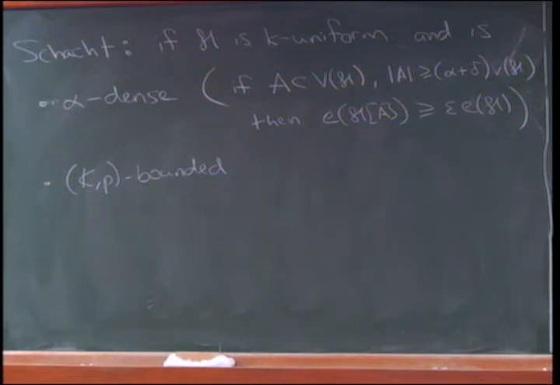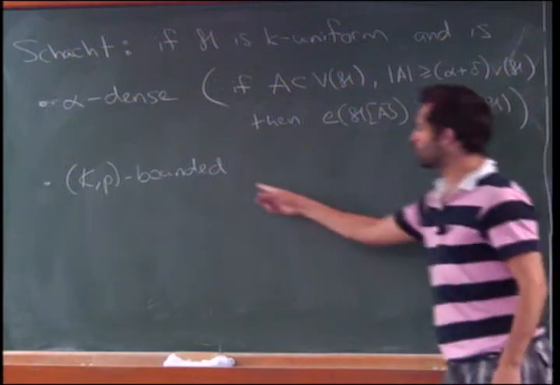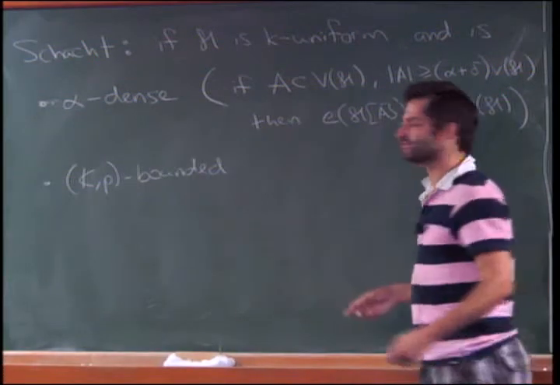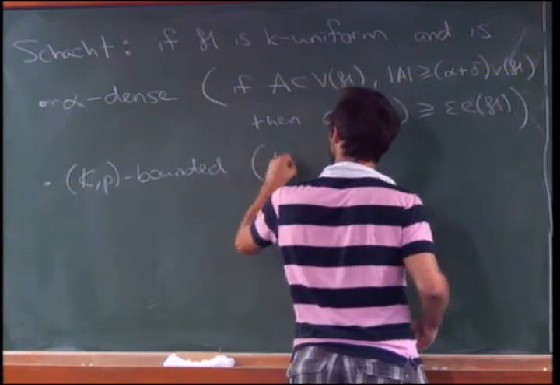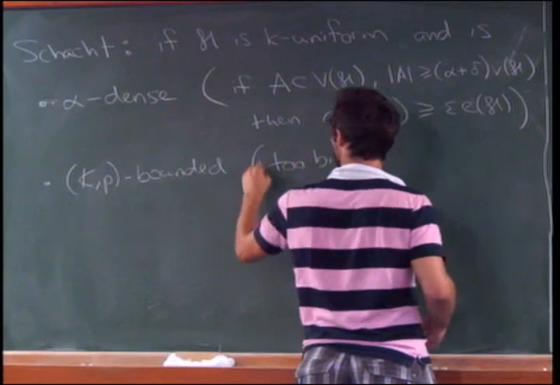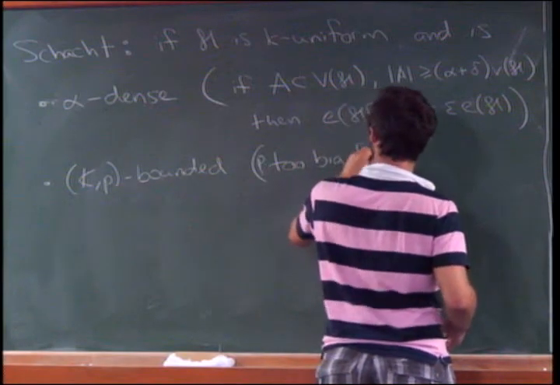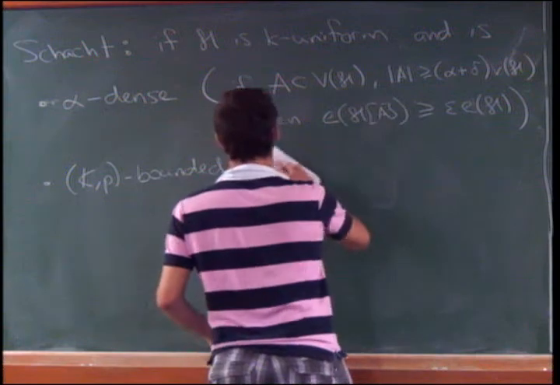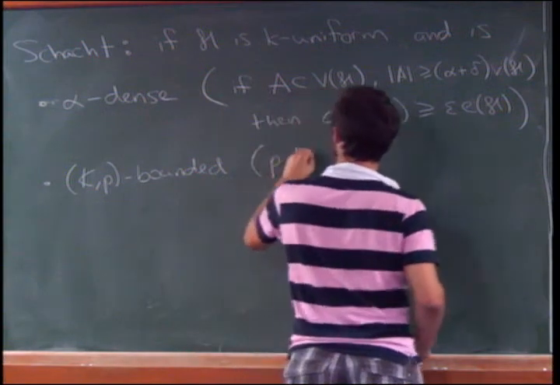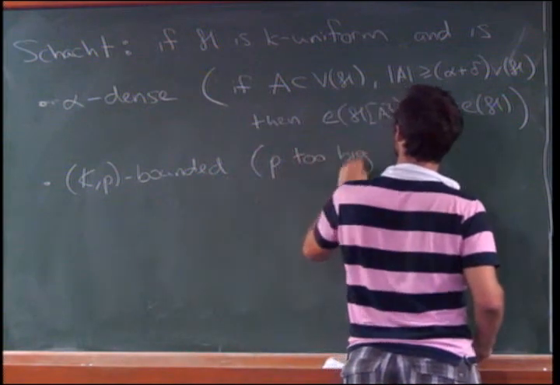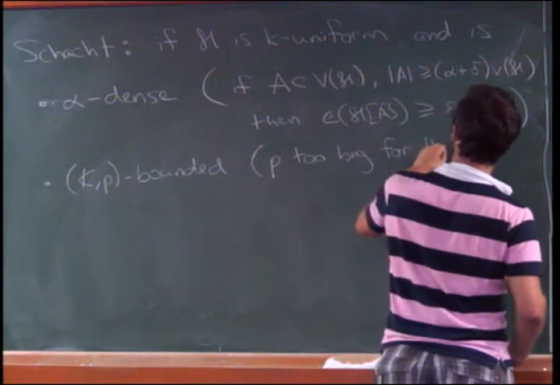And it's basically a way of encoding that you're bigger than that threshold. Okay? So p is too big for the theorem to fail trivially.